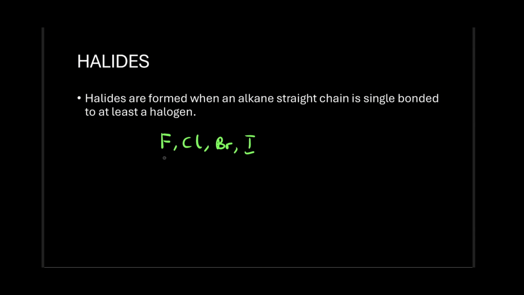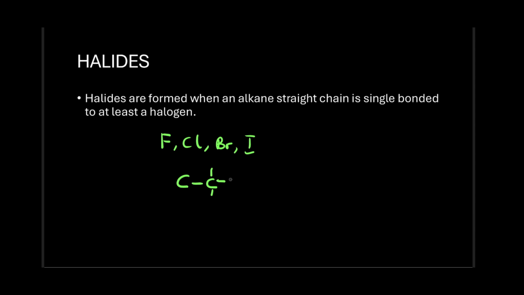So these halogens form bonds, at least a single bond, with a straight chain alkane. So we know alkanes have single bonds. So if these carbon atoms in the alkane form at least one single bond with any of these halogens, then we say we have a halide.